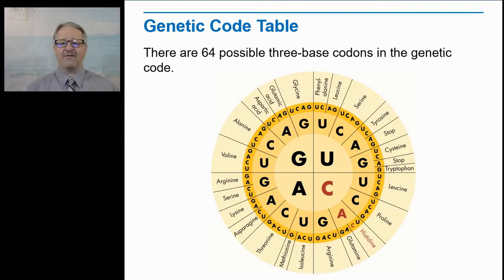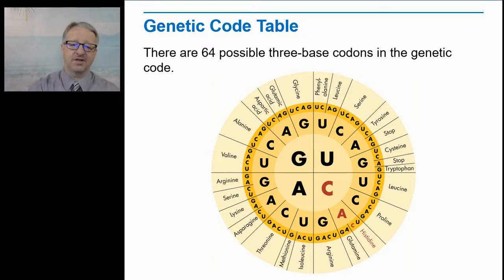Now, we have the advantage of having what's called a genetic code table. And this actual table helps us to identify which amino acids are coded for by each specific codon. Since there are 4 different bases in RNA, there are a possible 64 combinations of these 3-base codons.